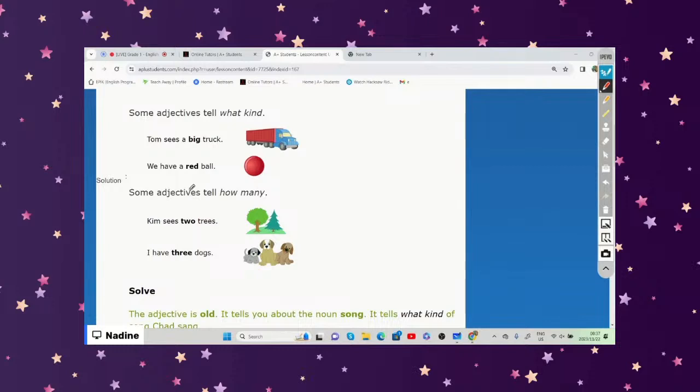So big is the adjective, and it describes the truck.